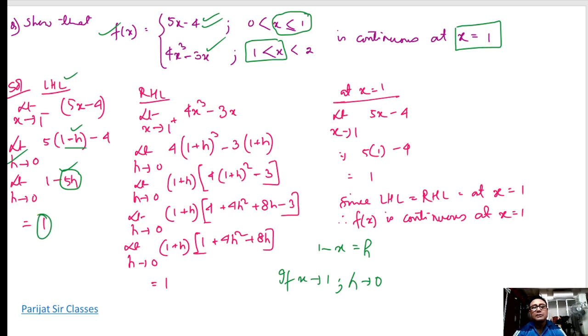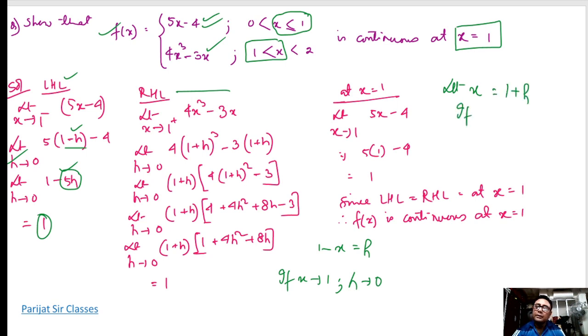Similarly in this, x will be taken as 1 plus h. Basically there is no use of taking it like this. For this part also it's no problem. Let x equal to 1 plus h.